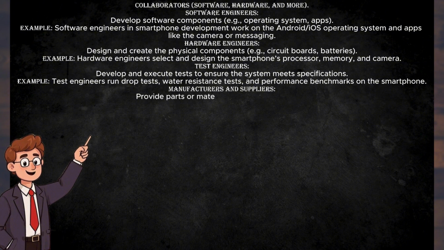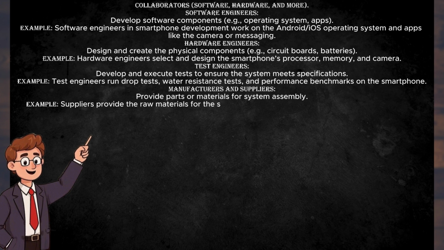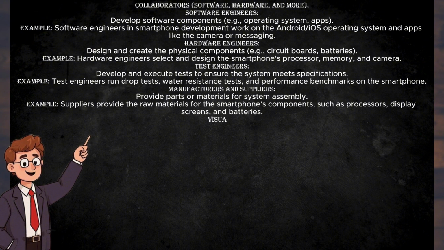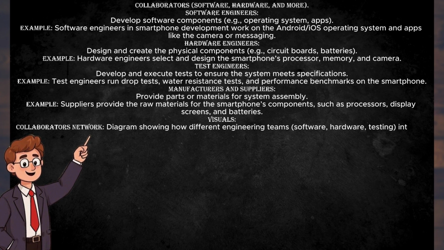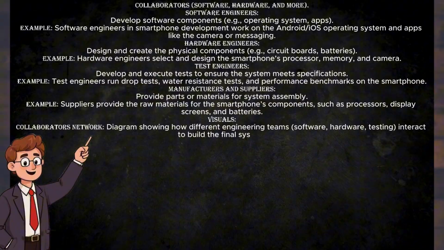Manufacturers and suppliers provide parts or materials for system assembly. Example, suppliers provide the raw materials for the smartphone's components, such as processors, display screens, and batteries. Visuals, collaborators, network, diagram showing how different engineering teams, software, hardware, testing, interact to build the final system.